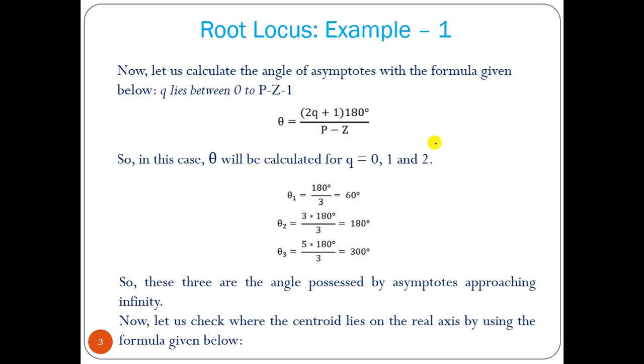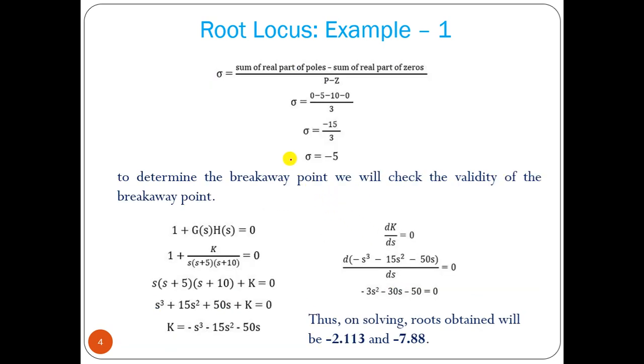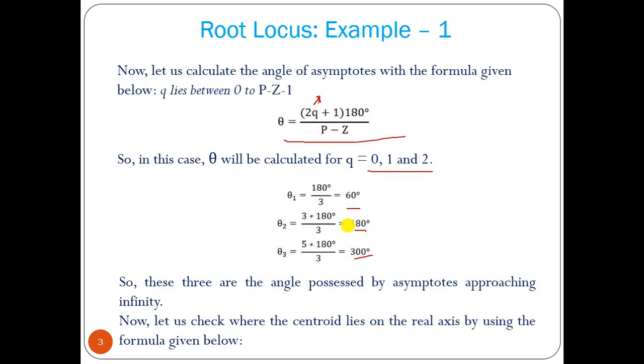Okay, so the angle of asymptotes: now p minus z equal to 3, so q starts from 0 and runs from 0 to p minus z minus 1, so 0 to 2. If you put q equal to 0, 1, 2, we will get these 3 angles. These are the asymptote angles. Now what is the centroid, the point on the real axis from which the asymptotes start?